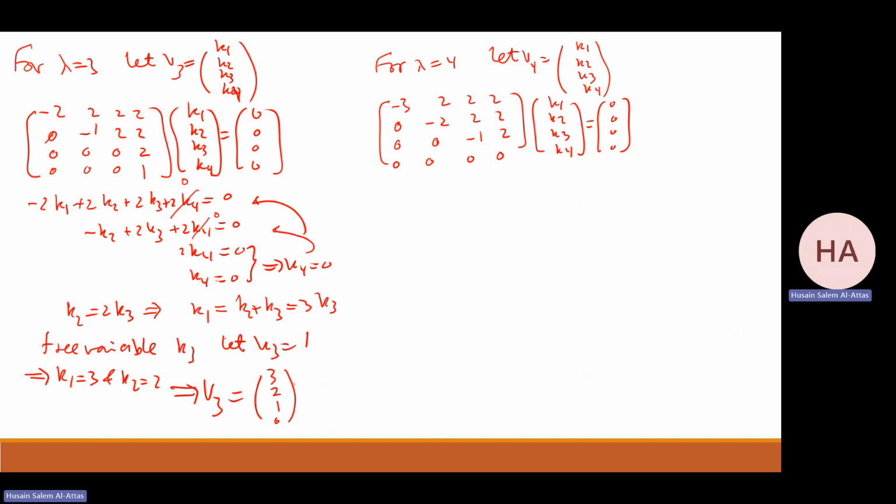Now I need to solve these equations. I have minus 3k1 plus 2k2 plus 2k3 plus 2k4 equals 0. Minus 2k2 plus 2k3 plus 2k4 equals 0.